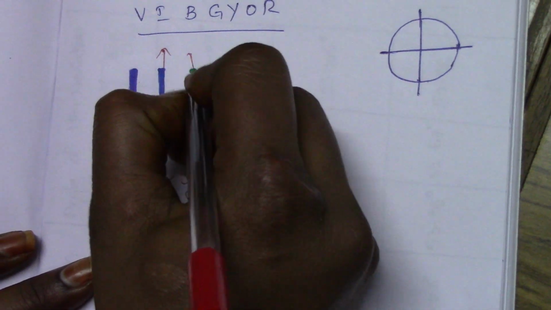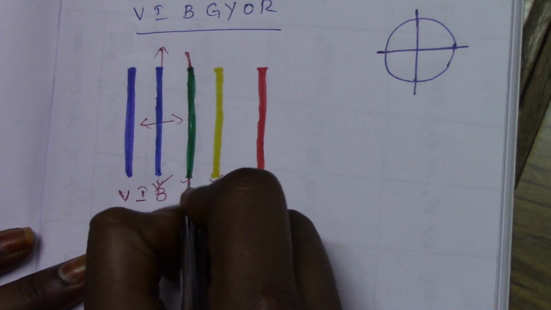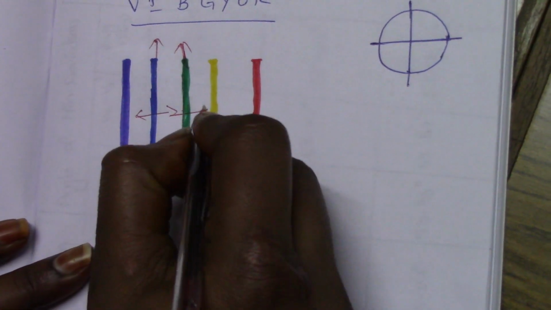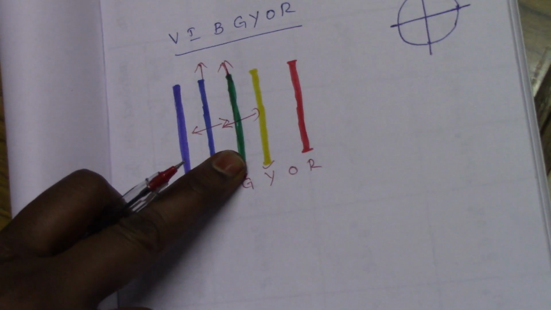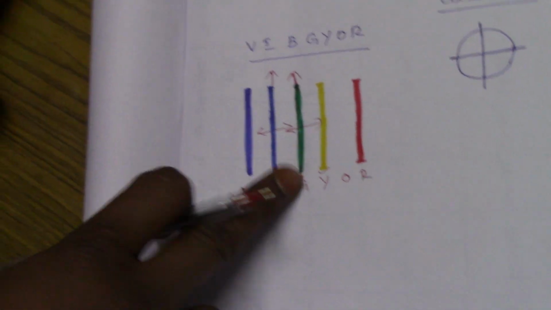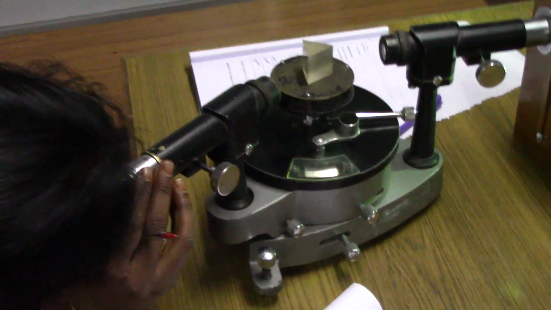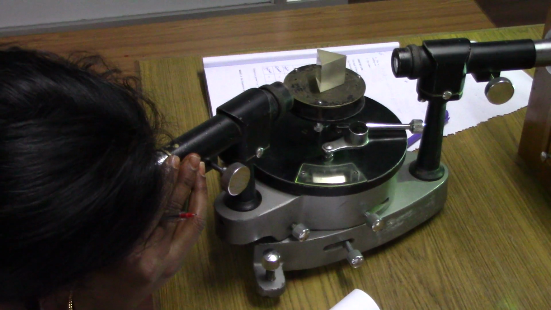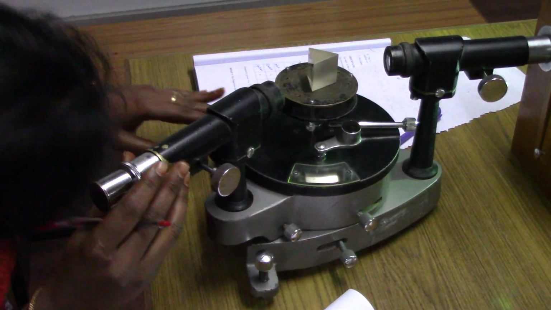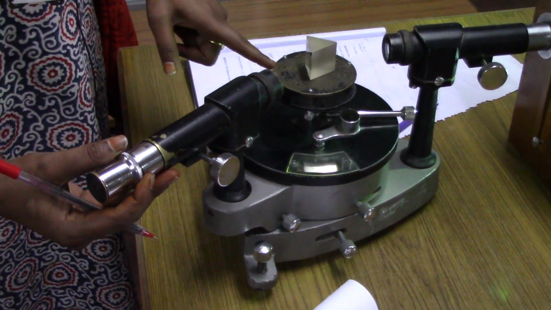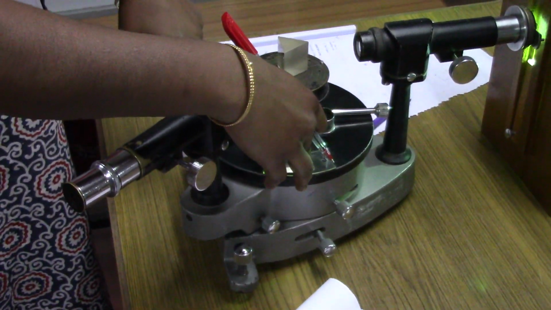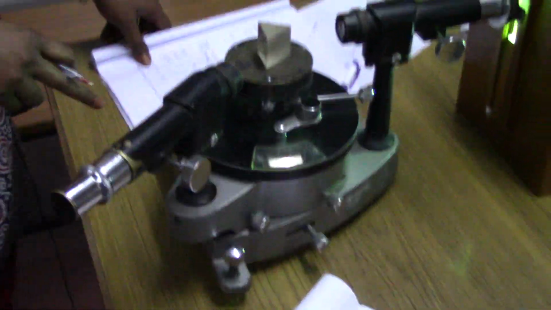Now I am going to adjust my vertical line of my crosswire to the green color. So in this way I need to adjust my vertical crosswire to the green color. So after adjusting with the help of your telescope, slowly you need to adjust your vertical line to the green color and note down the Vernier 1 and Vernier 2 readings in the spectrometer.